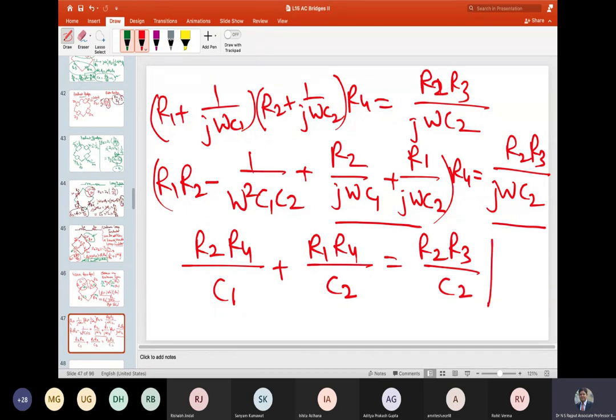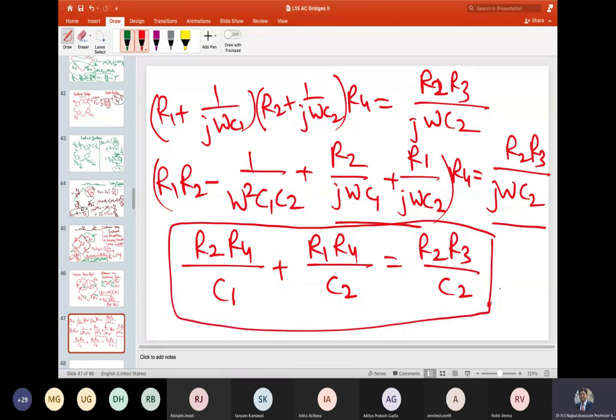So this forms one condition for balance. This is the first condition using which you can measure the unknown capacitance, while R2, R4 and C1 are known, and this is your unknown. So you can solve it for this.